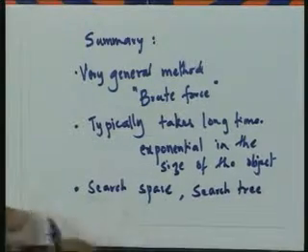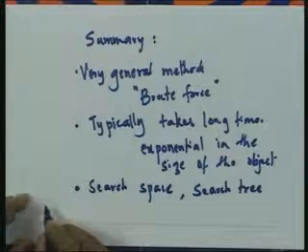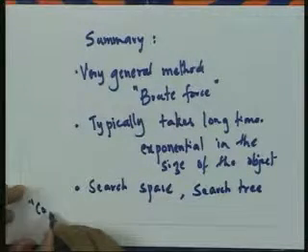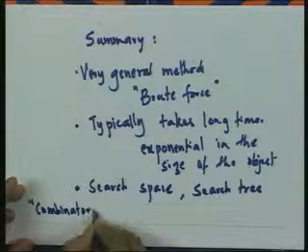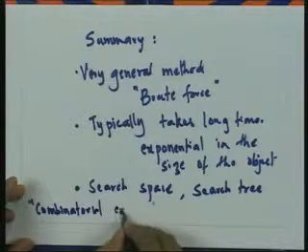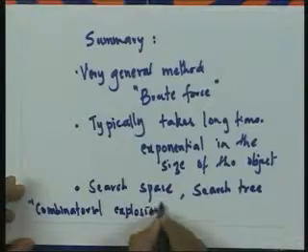And let me end this lecture by mentioning one more term, which is combinatorial explosion. This term is commonly used in connection with backtrack search. The idea is that at the first level, the tree might look manageable because it has a small number of children.